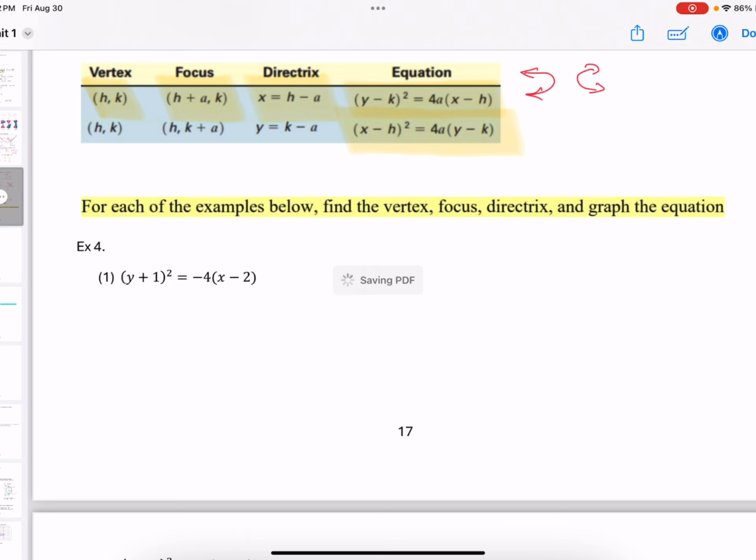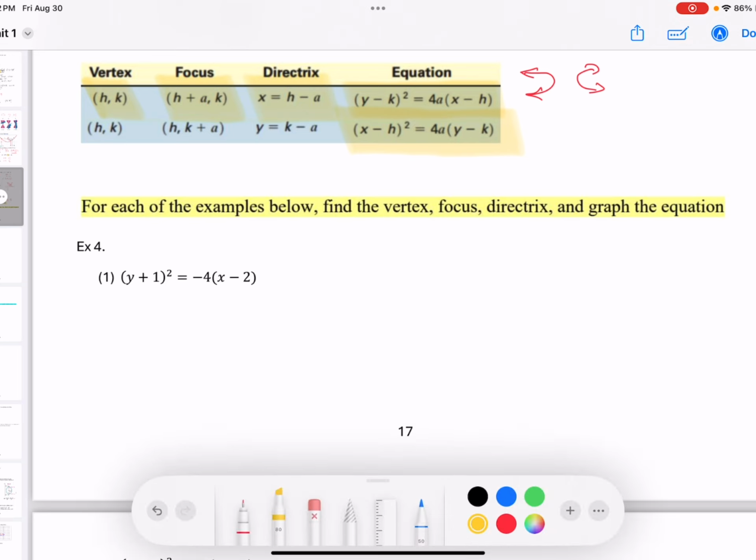The formula shows us how to find the focus and the directrix.